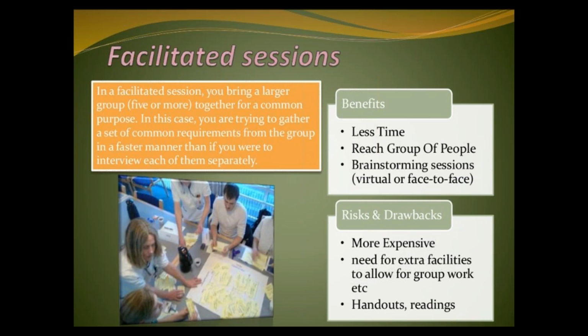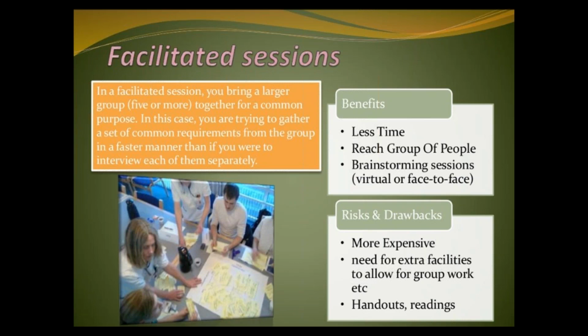You'll have some major decisions as the outcome of the facilitated sessions. So what are the benefits here? Less time. You have a group of people who are all involved, participating in one place, and you can get all the required information in one go. What are the risks and drawbacks?